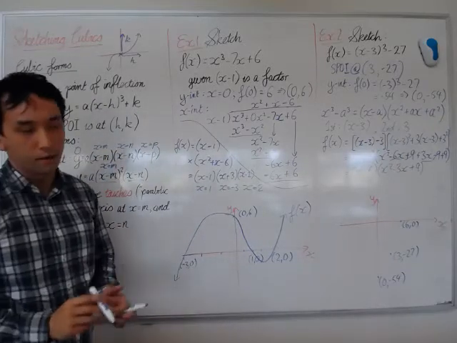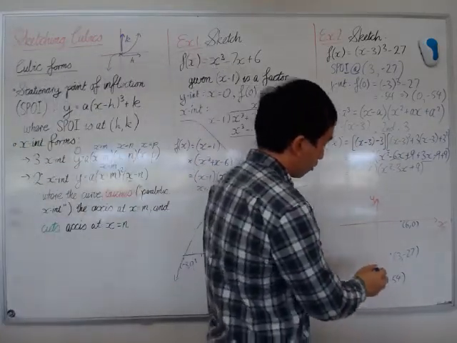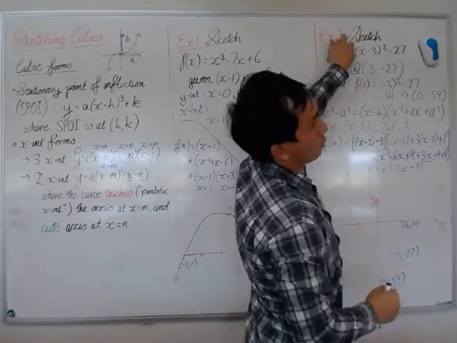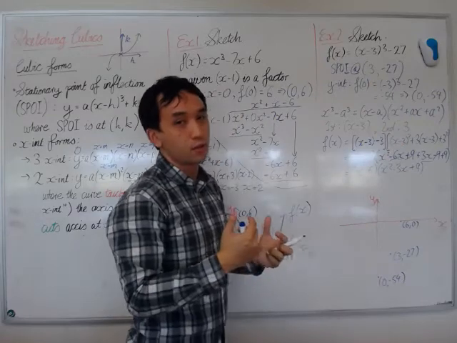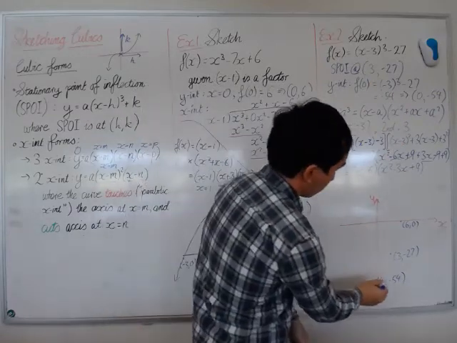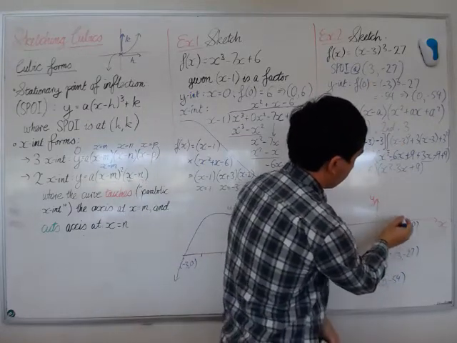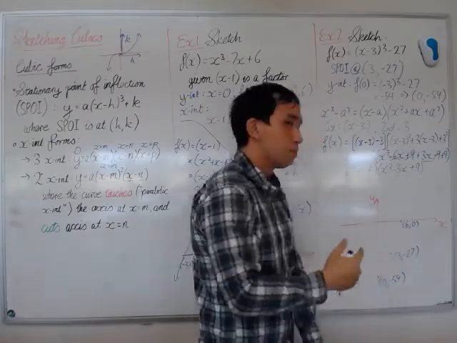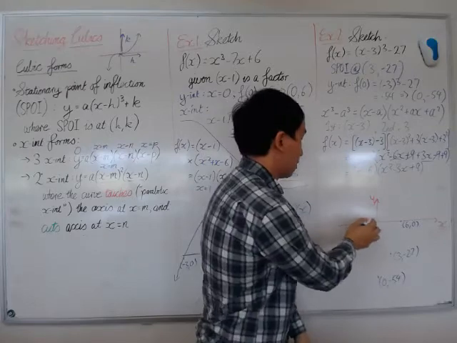So what does that all mean? Well, this is a positive cubic because our x cubed term is going to have a positive coefficient. So it's going to loop like this. So it's coming through the x-axis over here. Is it possible for it to cut through the x-axis anywhere else?